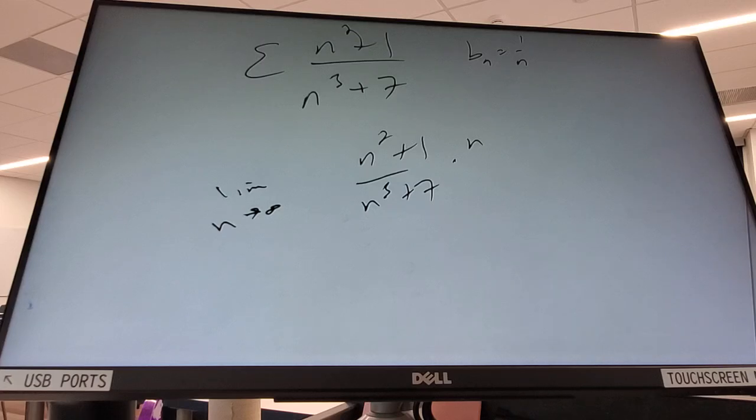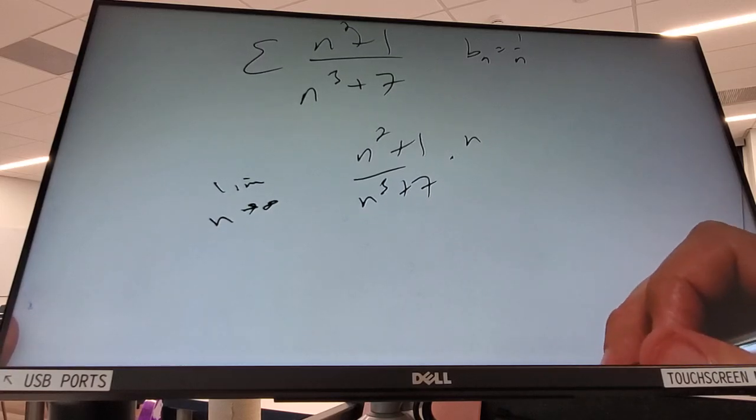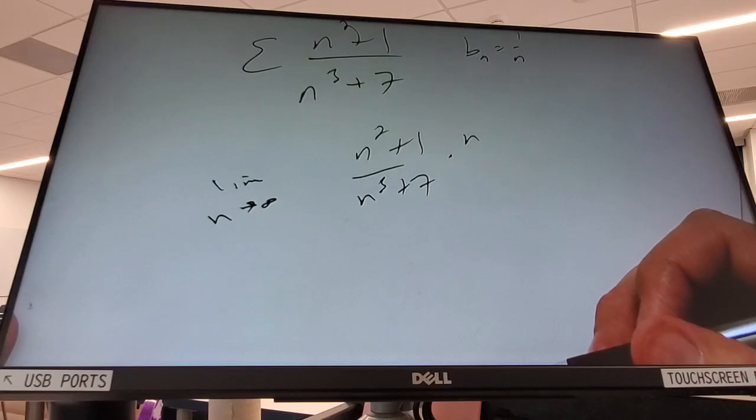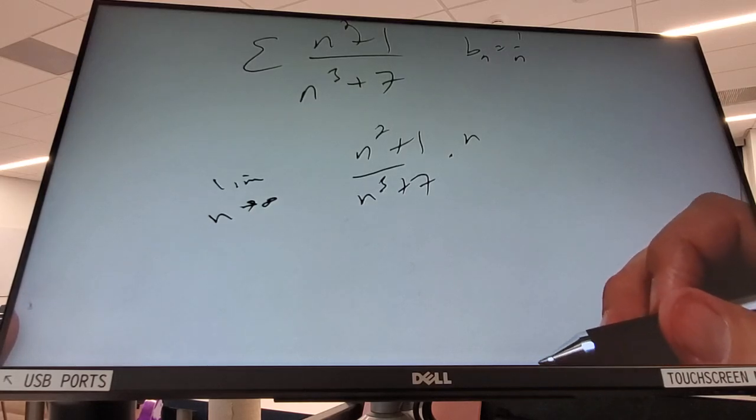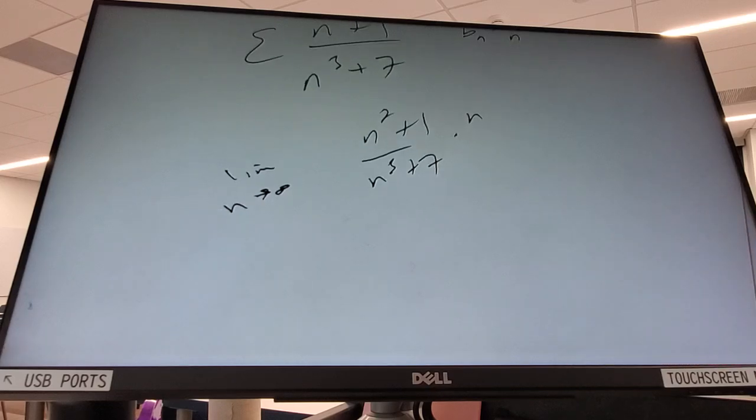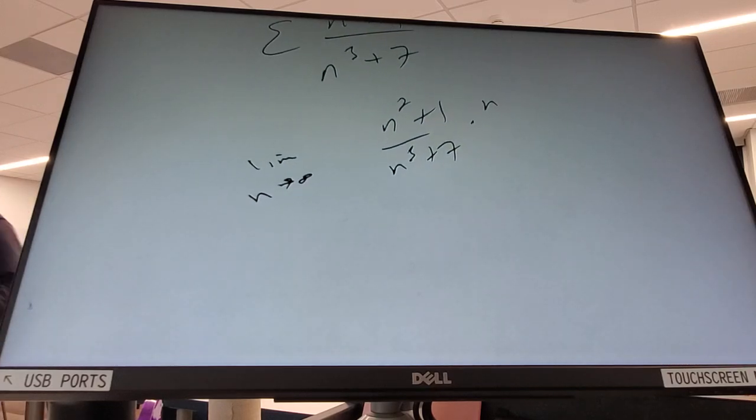Yeah. But with the one that we just did, how we were referencing, oh yeah, Bn diverged or whatever. Sure. So this diverged. Yes, because the limit came out to be between 0 and infinity. So we're taking the limit of a variation of Bn. We're taking the limit of a series we created based on what an was.